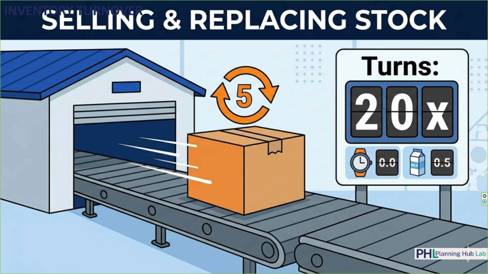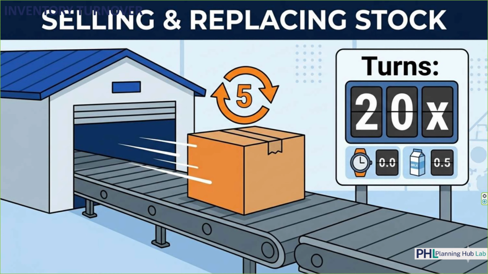They might buy a 20 grand watch and sit it in a display case for 6 months or more before a collector walks in and buys it. The inventory turns over much slower, maybe 1 or 2 times a year. Neither business is necessarily wrong, but they require a completely different financial strategy to survive.